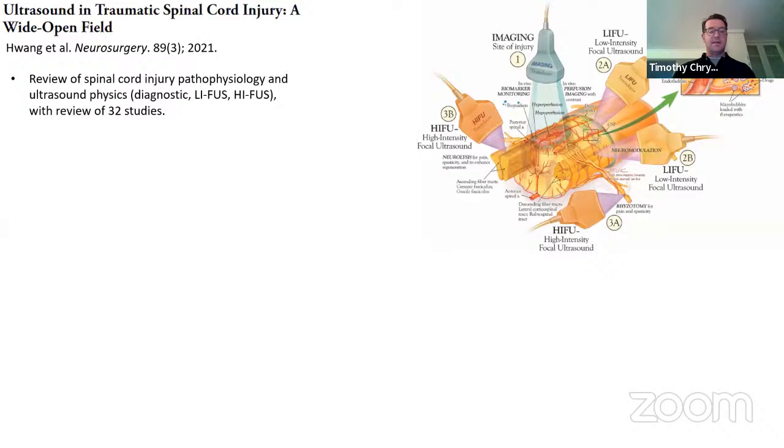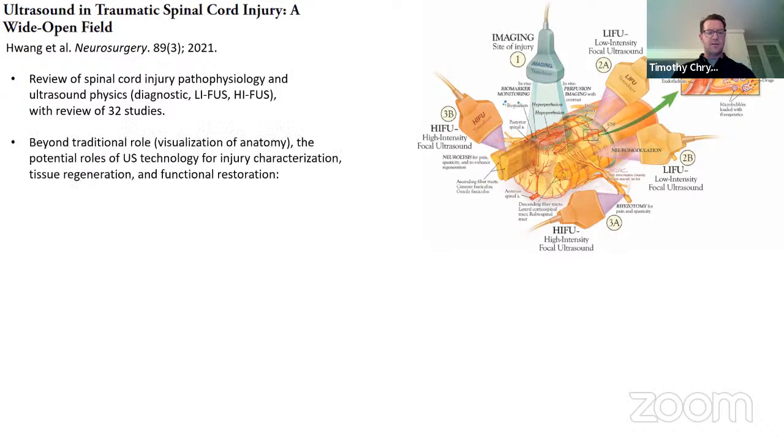They went back, narrowed it down, looked at 32 studies and divided the categories up into those really providing novel diagnostic techniques, as well as low intensity and high intensity focused ultrasound and the potential role that may have in spinal cord injury in particular.